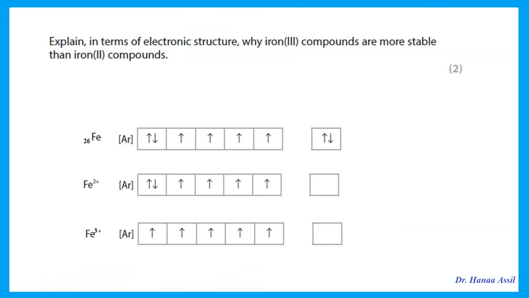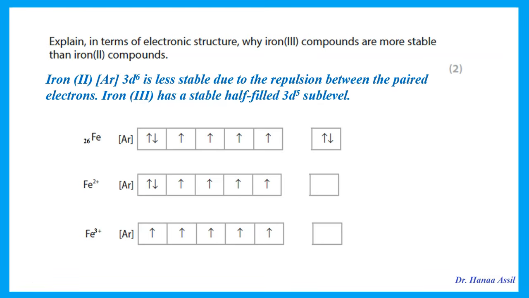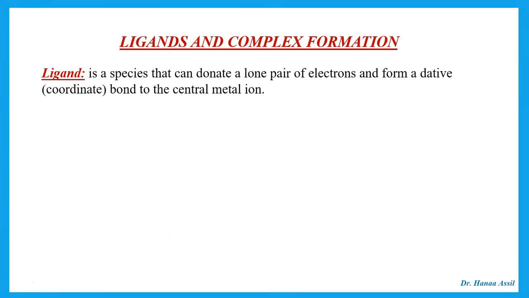But for iron 3 plus, we're going to remove the 2 electrons in the 4s plus 1 from the 3d, so now we don't have any paired electrons that repel each other. So iron 3 is more stable because it has a half-filled 3d5, while the iron 2 has paired electrons that will repel. Then we need to know about ligands and complex formation.